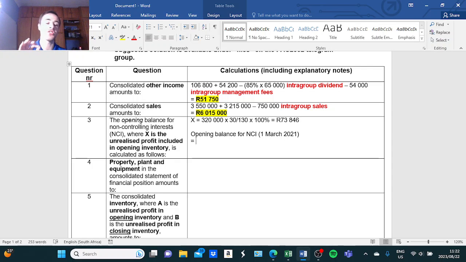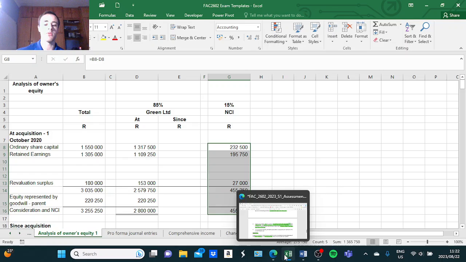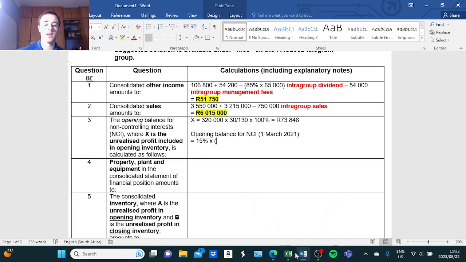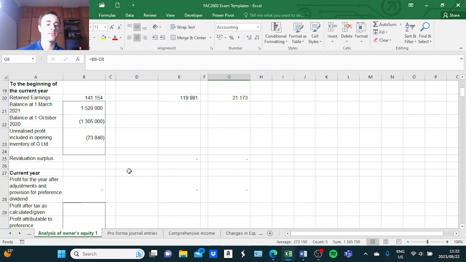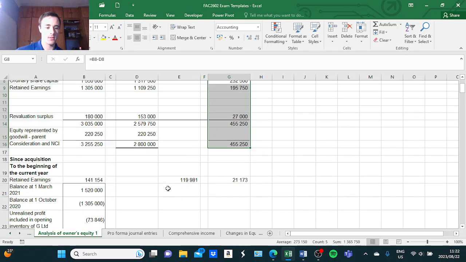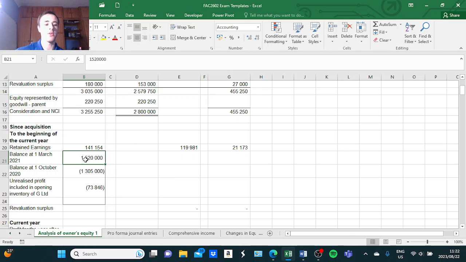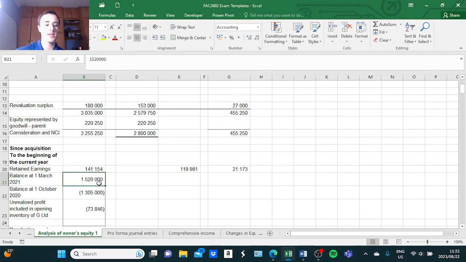We took the percentage interest of NCI, which was 15%, and then we just need to calculate NCI's share in equity, according to our analysis of owner's equity. So it will be 15% times, let me just make sure that I've calculated this correctly. You will start with retained earnings.